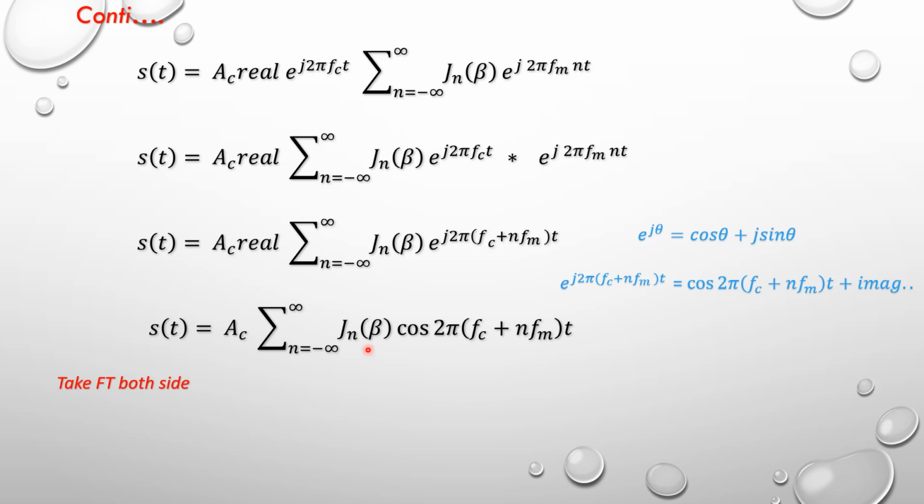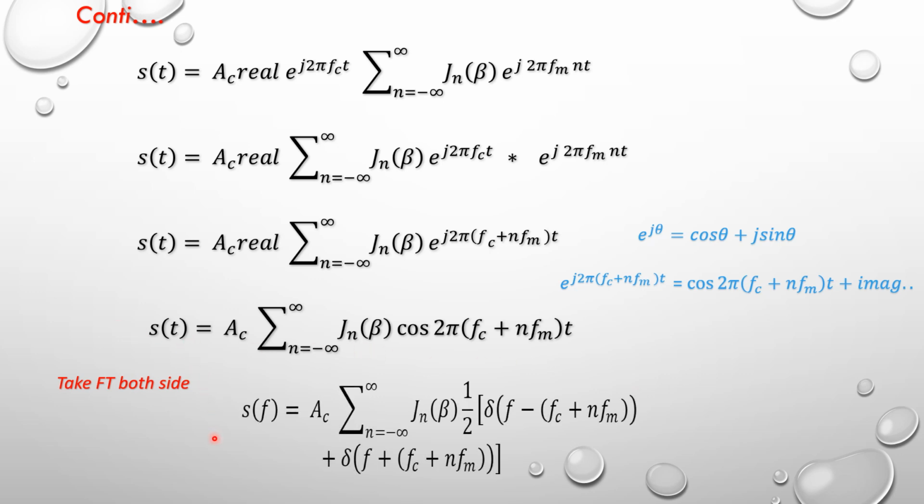Just convert S of t into S of f. S of f is equal to Ac summation from n equals minus infinity to infinity, and you retain the Bessel function as it is, Jn of beta. This is in the form of cos 2 pi f naught t, where f naught is equal to fc plus n fm.